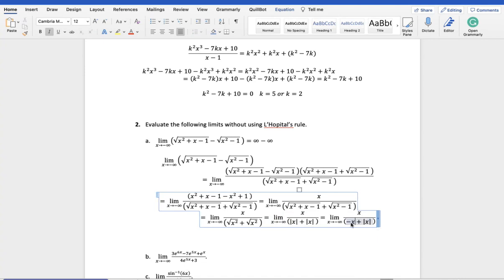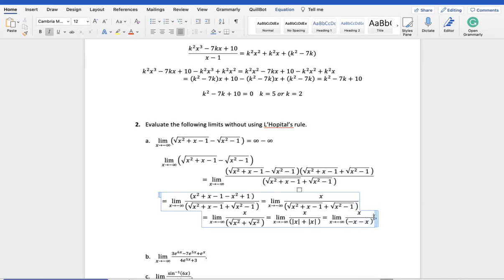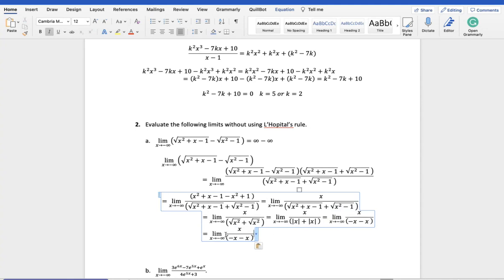So it would be negative x, right? Plus negative x, which is just minus x, right? And then when you have that, the limit can be further simplified to give the limit as x tends to negative infinity of x divided by negative 2x.